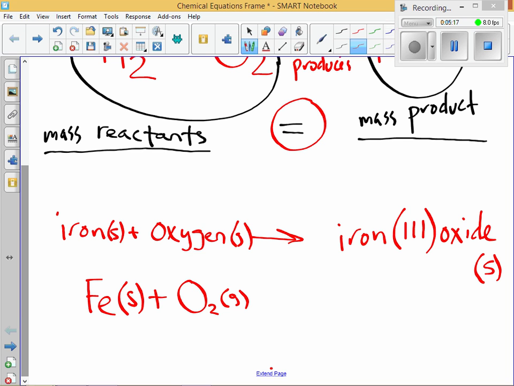It's always O2. We always find oxygen as O2. Those react to form Fe2O3, and that is a solid. This is a chemical equation. We've taken these words or these concepts, we've used symbols and subscripts and arrows to turn this into a chemical equation. What is the mass of the reactants in relation to the mass of the products?